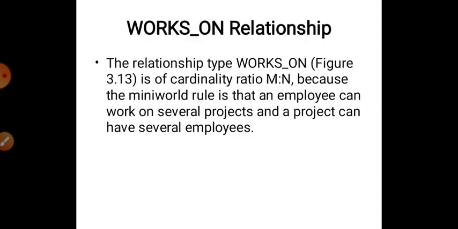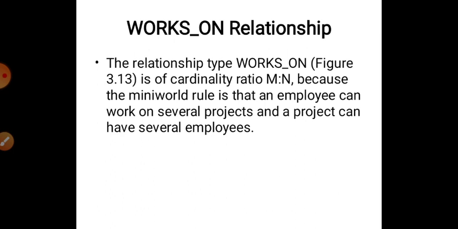The works on relationship type in figure 3.13, which we will see in the next slide, is of cardinality ratio M is to N, that is many is to many, because the mini world rule is that an employee can work on several projects and projects can have several employees.